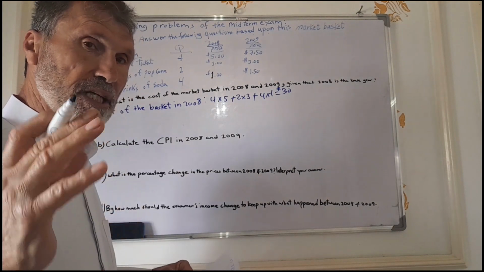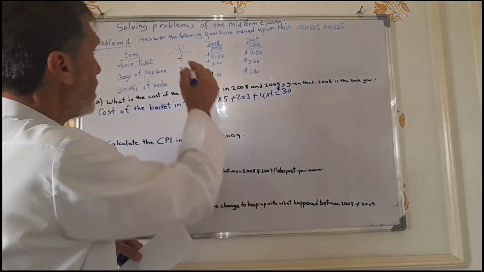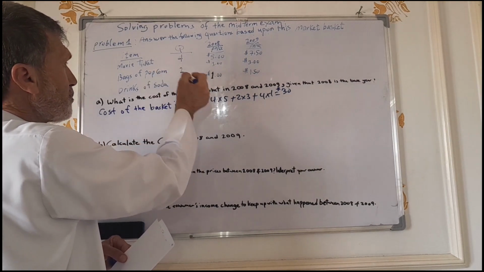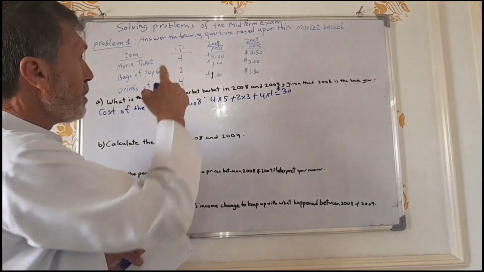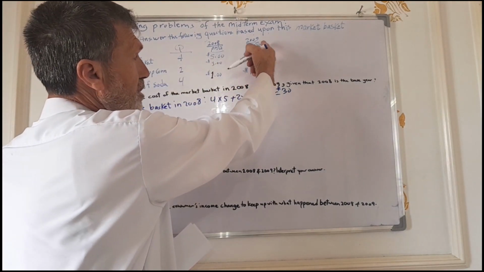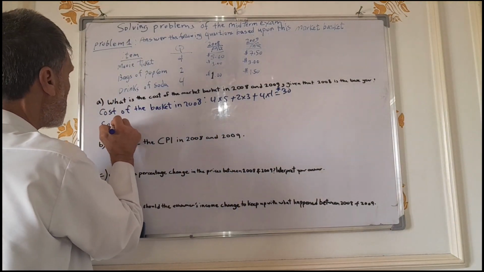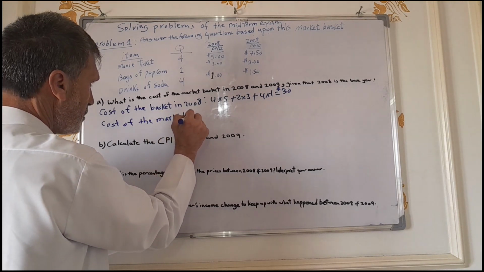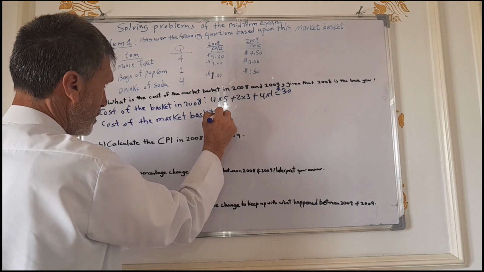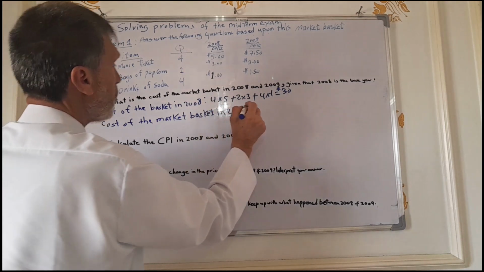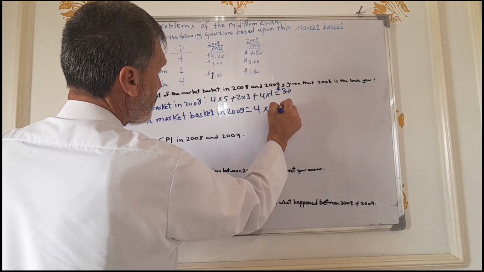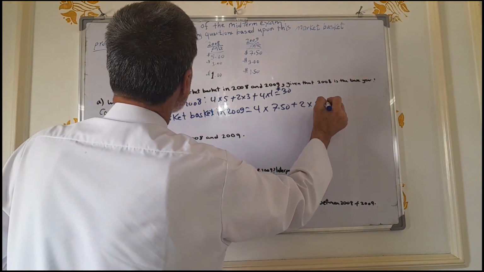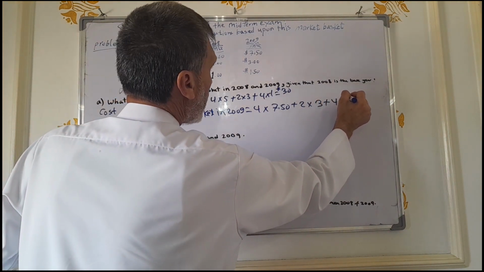What about the cost of the basket in 2009? All we have to do is use the same market basket, which is 4 movie tickets, 2 bags of popcorn, and 4 drinks of soda, and we multiply by the prices in 2009. So, cost of the market basket in 2009 is going to equal 4 times 7.50 plus 2 times 3 plus 4 times 1.50.